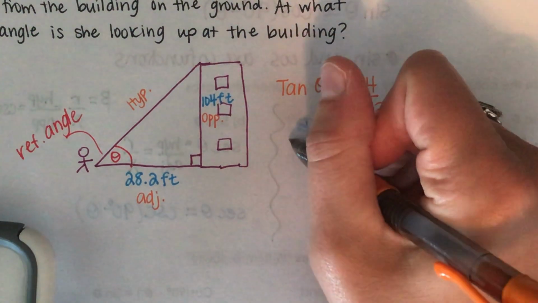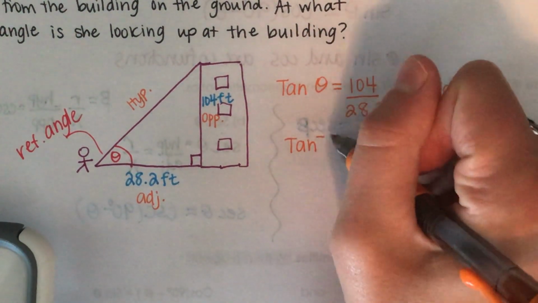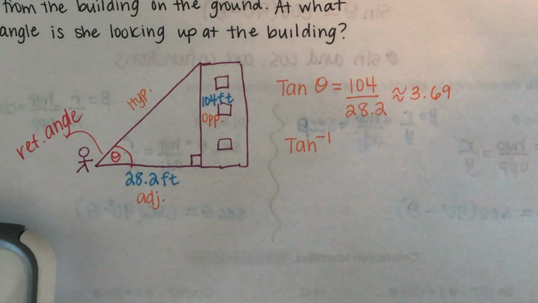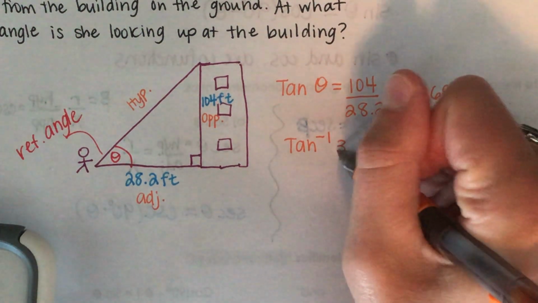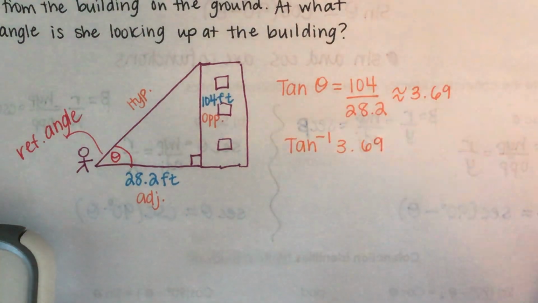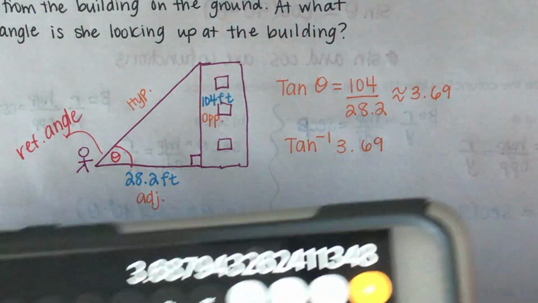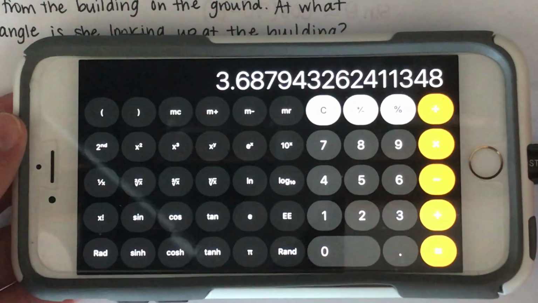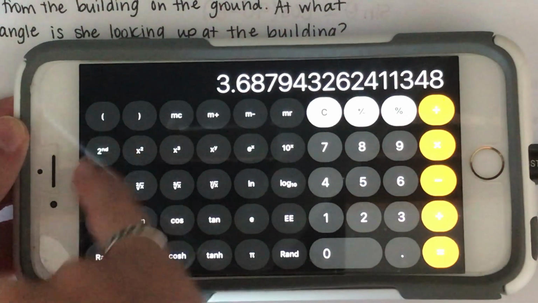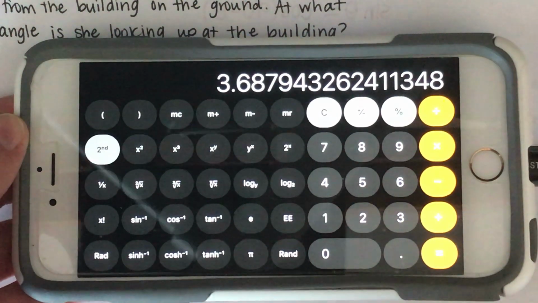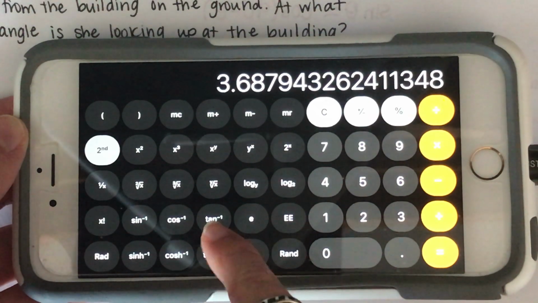Now, you're going to push the inverse tangent button of 3.69. If you're doing that on your phone, that means you're going to push the second button, and then you should see sine, cosine, tangent with little -1s next to it.